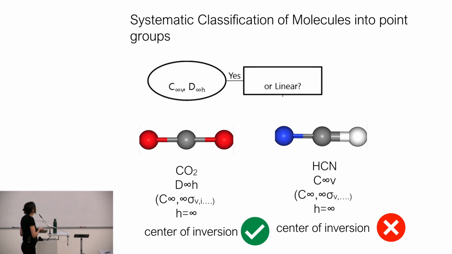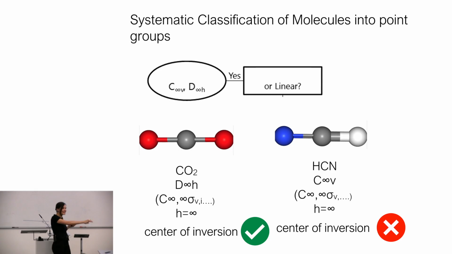And then our next grouping would be to readily identify these symmetry groups where you actually have an infinite order. Generally speaking, these are the linear systems where either you have inversion, like you do in CO2, and you end up with D infinity H, or in this example, like HCN, you have an infinite rotation axis because it's linear.